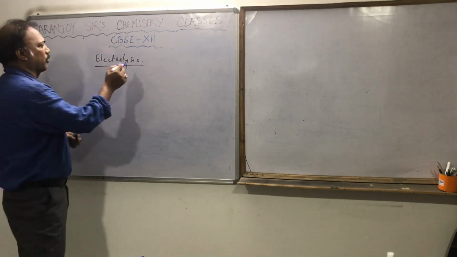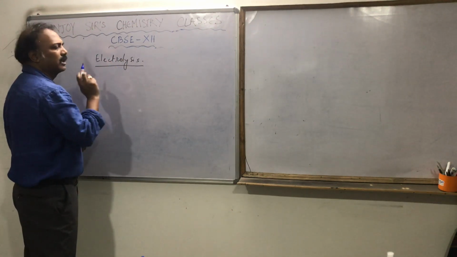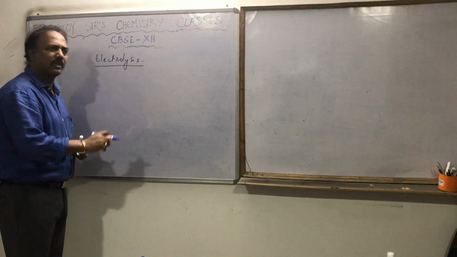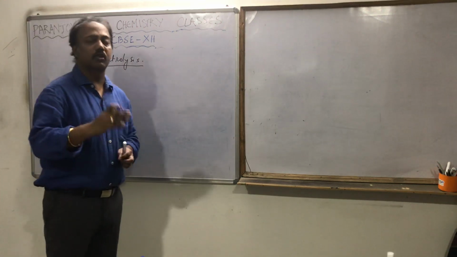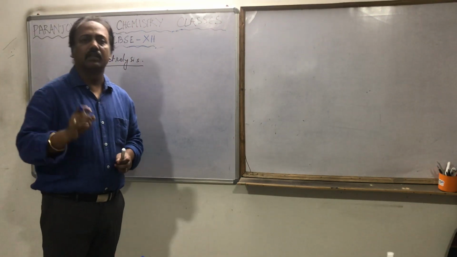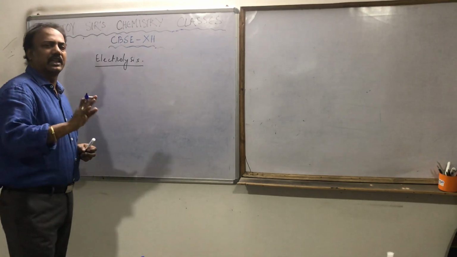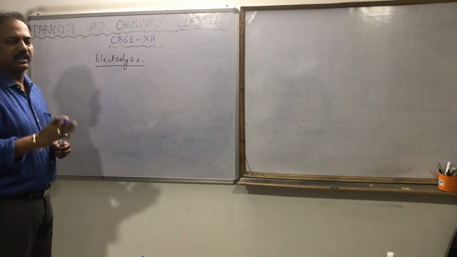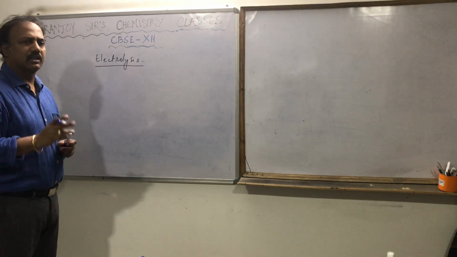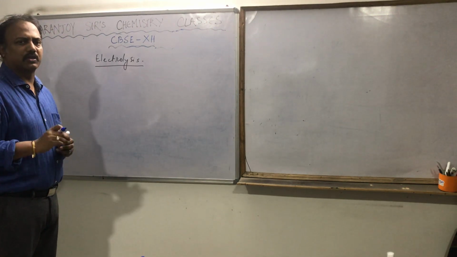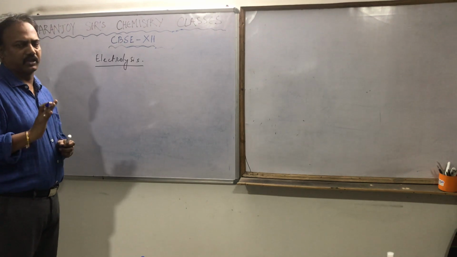This is the process by which some chemical reactions, I should say non-spontaneous, impossible chemical reactions, take place by passing electricity. If we pass the electricity, then these chemical reactions take place. This particular process is known as electrolysis.